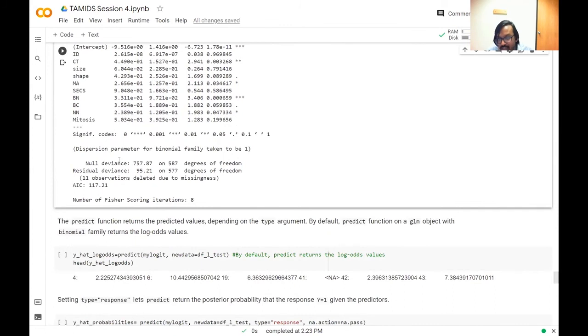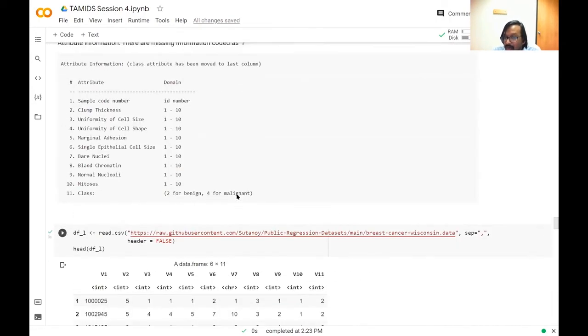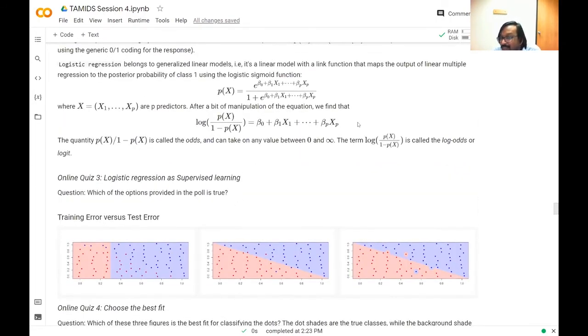The predict function is once again going to be used to return the predicted values, but this time we have to be a little more careful. We cannot use the predict function like we have been using, because if we set it up as a multiple linear regression form, the predict function is going to think that we are using the log odds as our response.